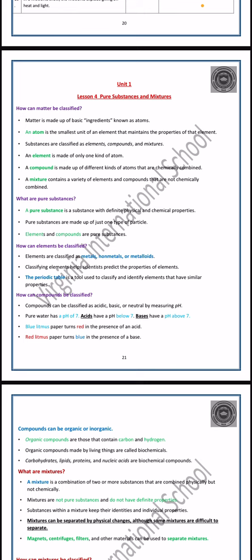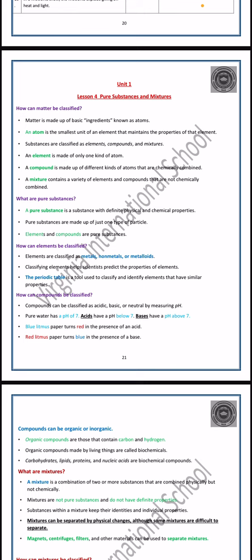So we have another two definitions. Compound and mixture. What's a compound and what's a mixture? A compound is made up of different kinds of atoms that are chemically combined, which means we will not only have oxygen alone, we will have oxygen bound to carbon and another oxygen, so it will make carbon dioxide.